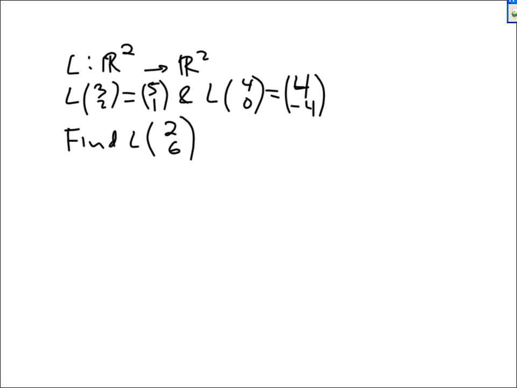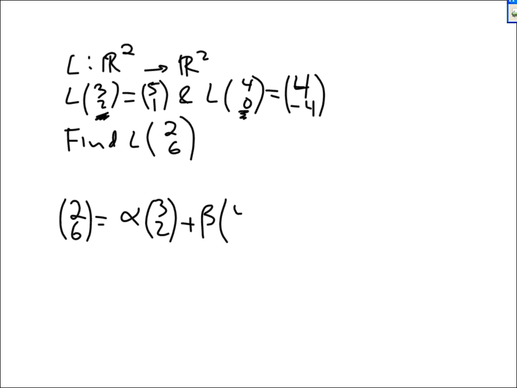Basically, we want to write 2, 6 as a linear combination of 3, 2 and 4, 0. That means we take some multiple of 3, 2 plus some multiple of 4, 0. If you want to use matrices, you can.